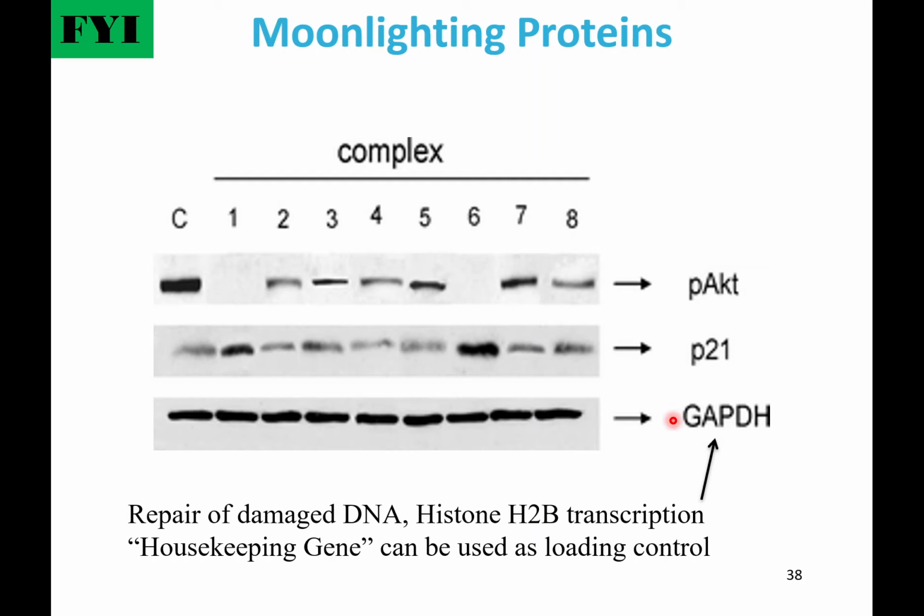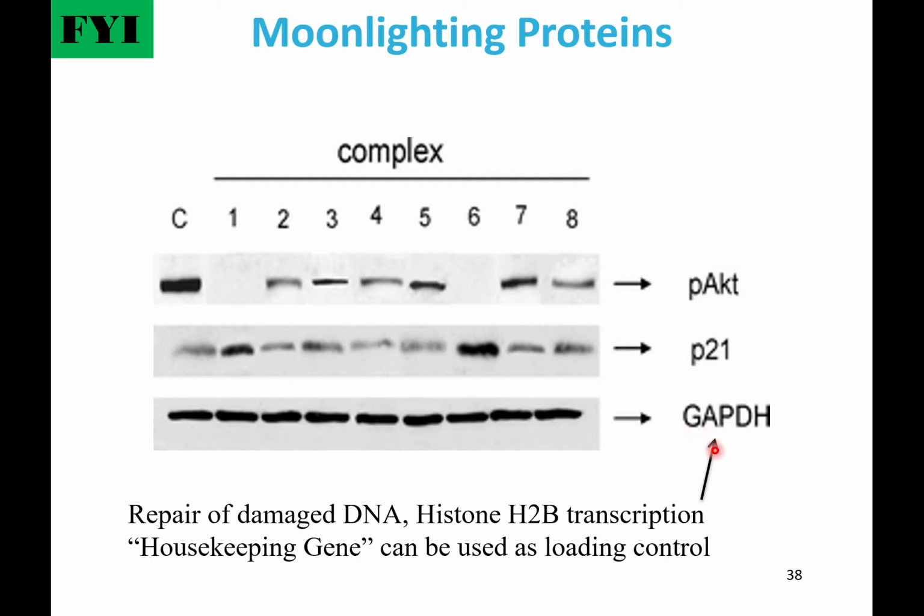Okay, and it's something like GAP dehydrogenase, glyceraldehyde 3-phosphate dehydrogenase, which we saw in glycolysis. That is a very common housekeeping or moonlighting protein that is expressed very, very highly in all cells, not just because it's important in glycolysis, but it also has activity repairing damaged DNA and in histone transcription.